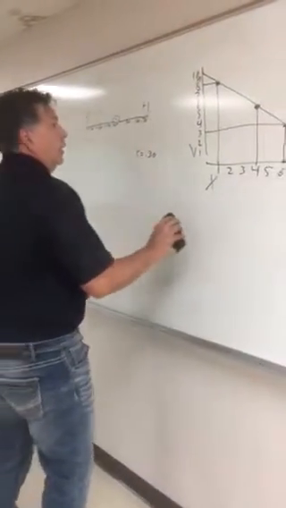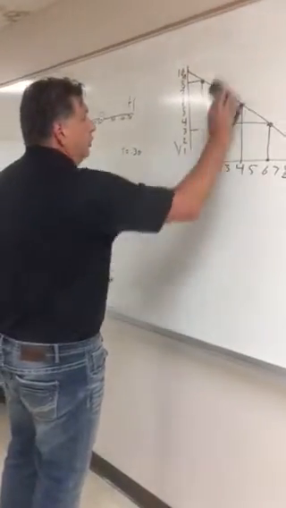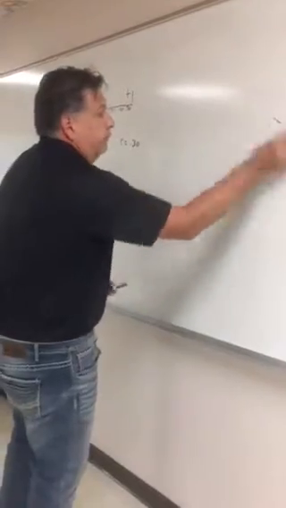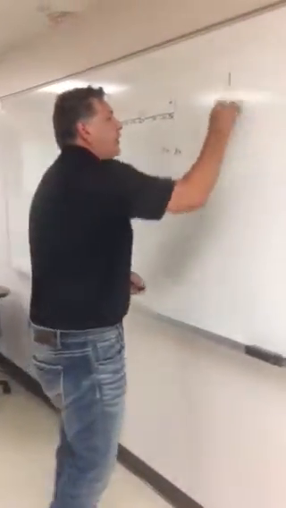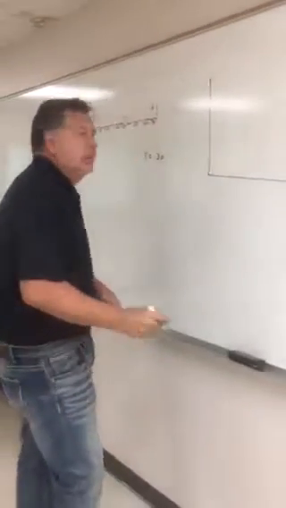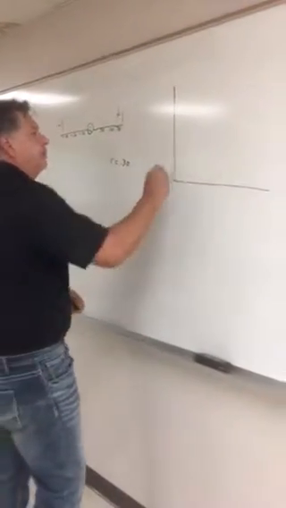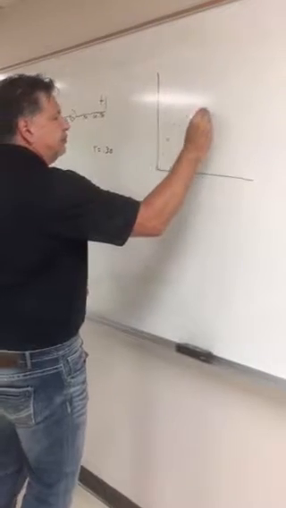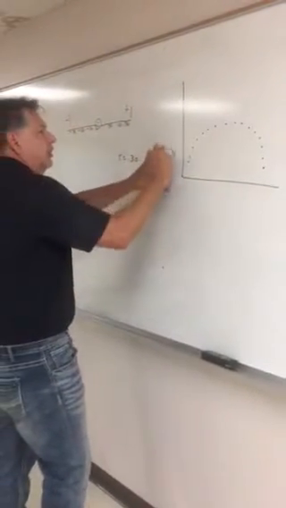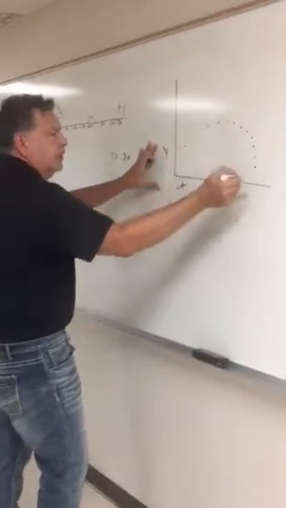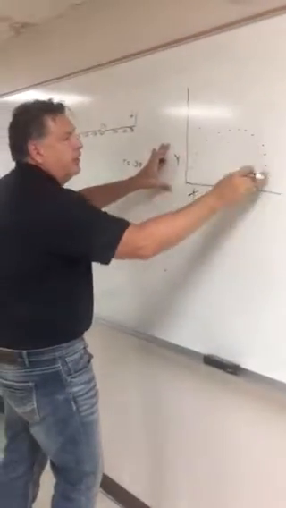Okay, I want to show you a scatter plot that looks like a horseshoe, and this is called a bilinear type of relationship. We can see some going this way, some going this way.